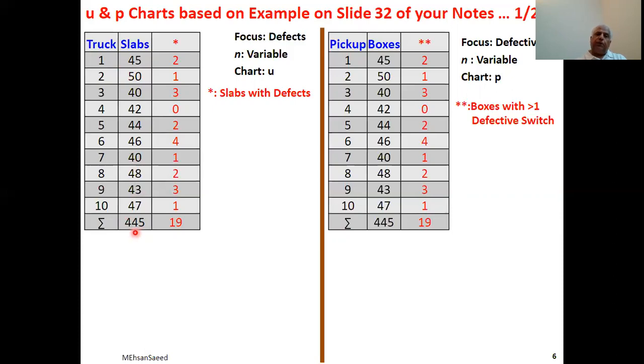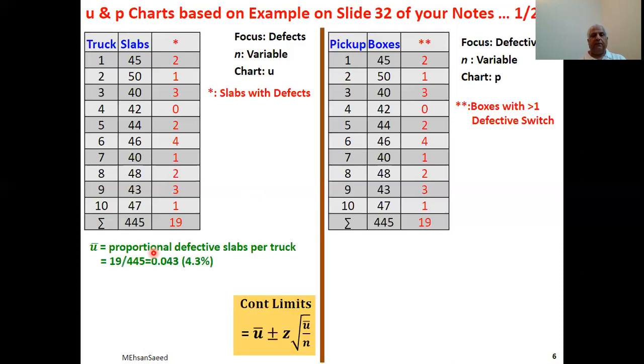And amongst these 445, 19 are defective. So if we now divide 19 by 445, we have that baseline, which is the proportional number of defective slabs per truck. And we have got a baseline or center line.